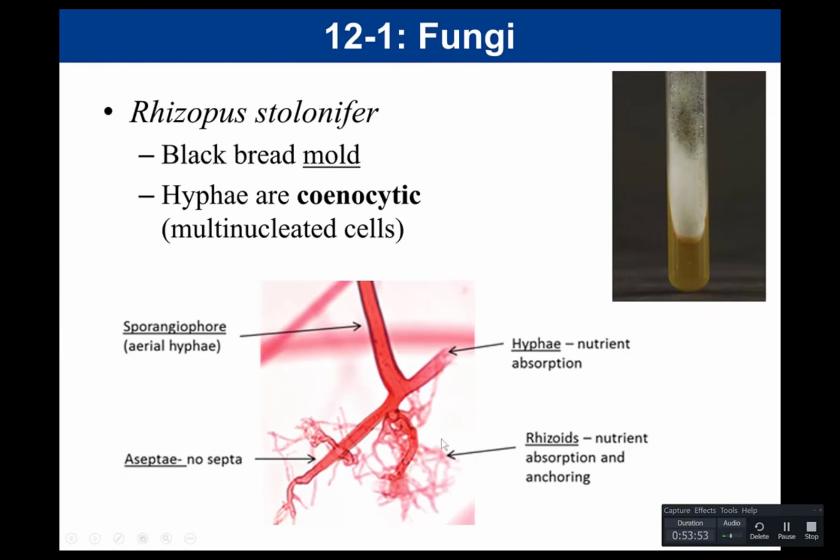You want to know what hyphae and rhizoids are used for. You want to know that in the case of Rhizopus, the aerial hyphae is referred to as a sporangiophore. Phore tells you aerial hyphae. And it's called a sporangiophore because the type of spores that are on it are called sporangiospores, which you're going to see in a minute.